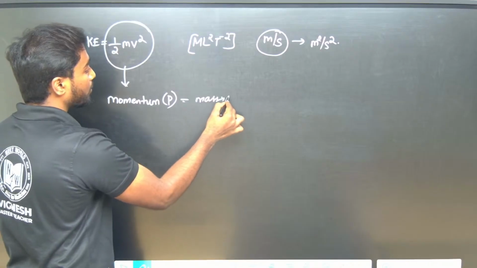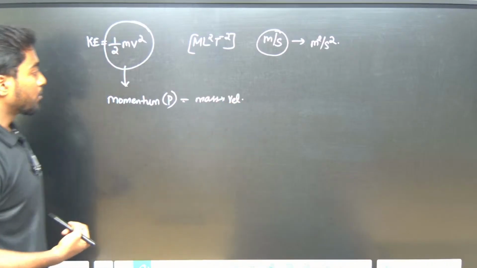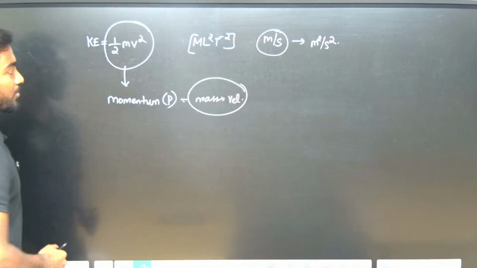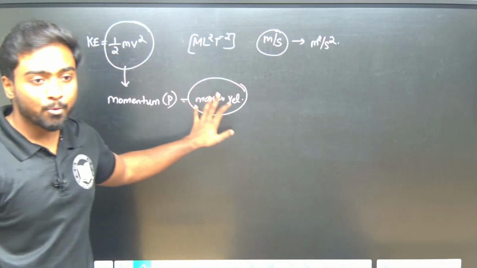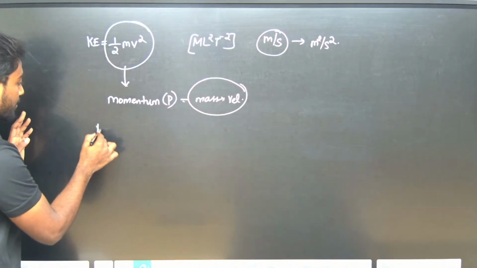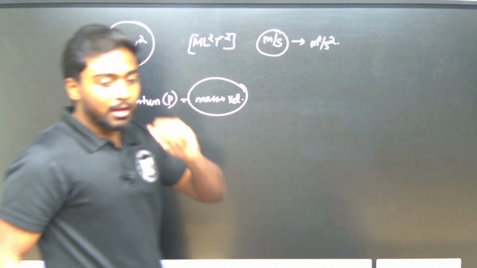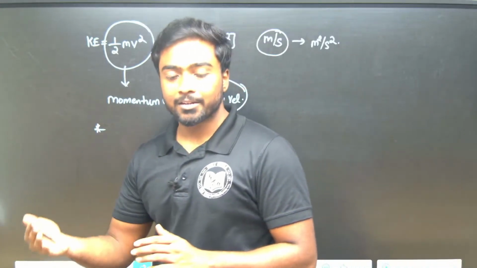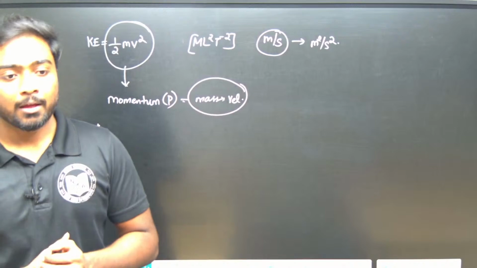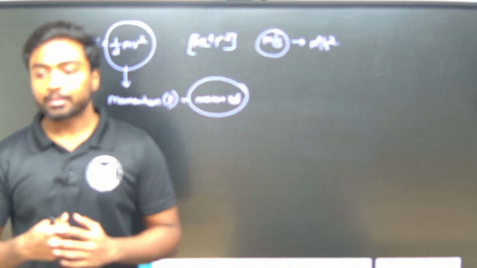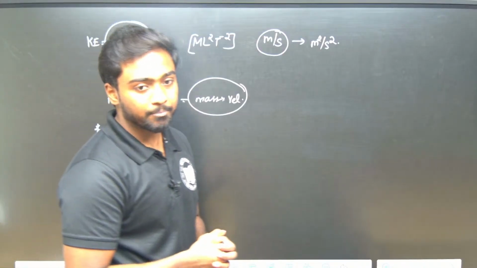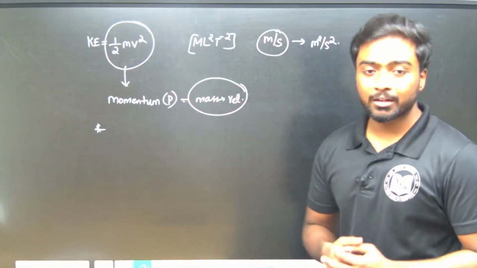I need a relation in terms of kinetic energy and momentum. They can ask a question like this: the kinetic energy of an object has been increased by n percent, what is the change in momentum, has it increased or decreased? This was a question in a previous year IIT JAM. So let us discuss that question also.